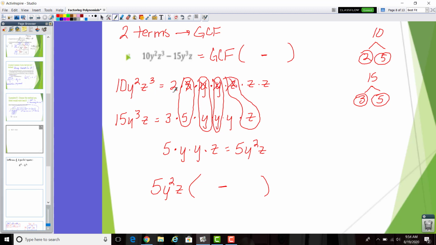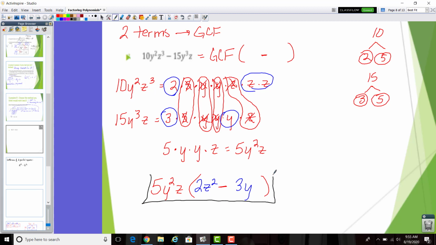I'm left with 2z squared. That goes in the first spot. For the second term, again I used 5, y, y, and z. What is left? 3y. If I multiply 5y squared z times the polynomial 2z squared minus 3y, I get back to this expression. Okay.